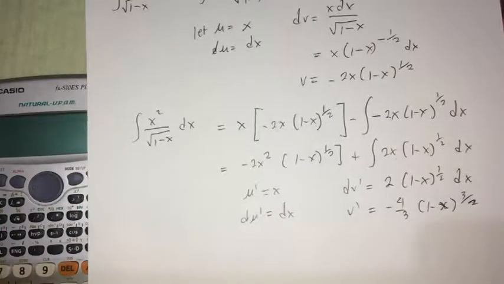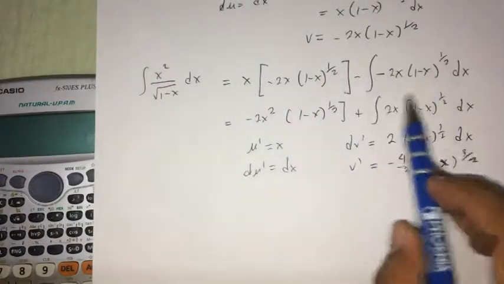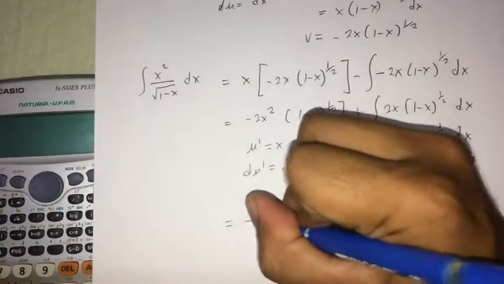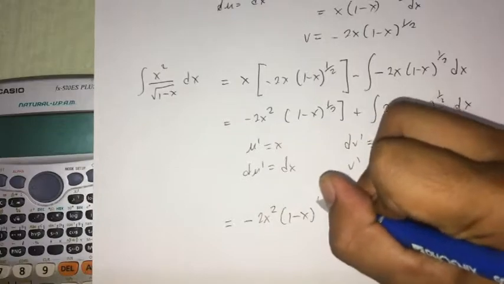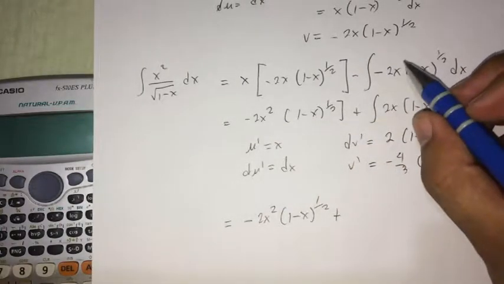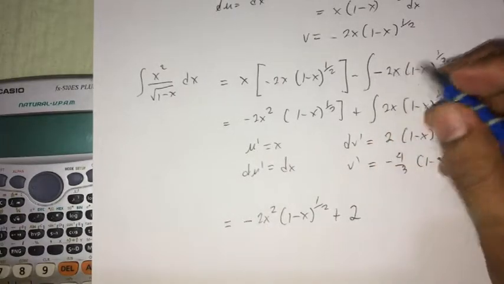Theorem po ng ating integration by parts. So, we now have, stay lang po ito. Ito na po yung gagamitan natin ng theorem. So, we now have negative 2x squared times 1 minus x raised to 1 half plus, ilalabas po natin si 2, magiging constant 2, negative.